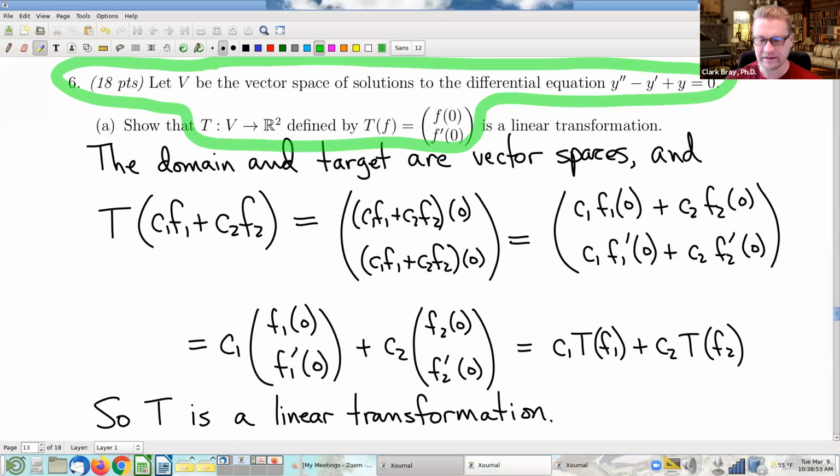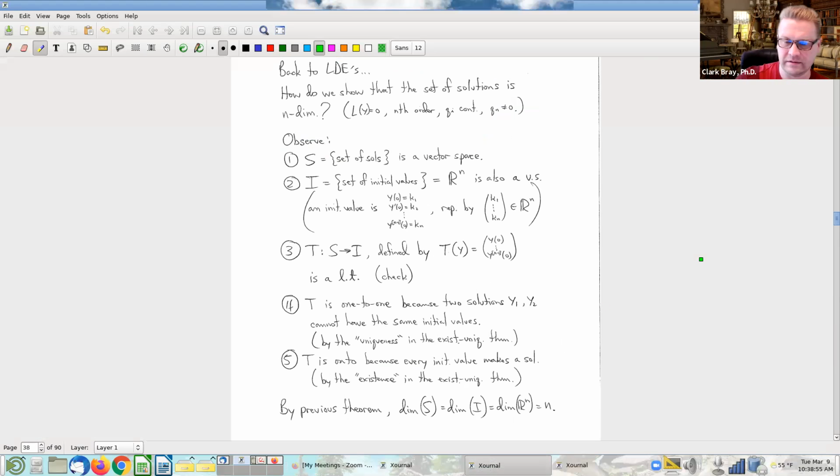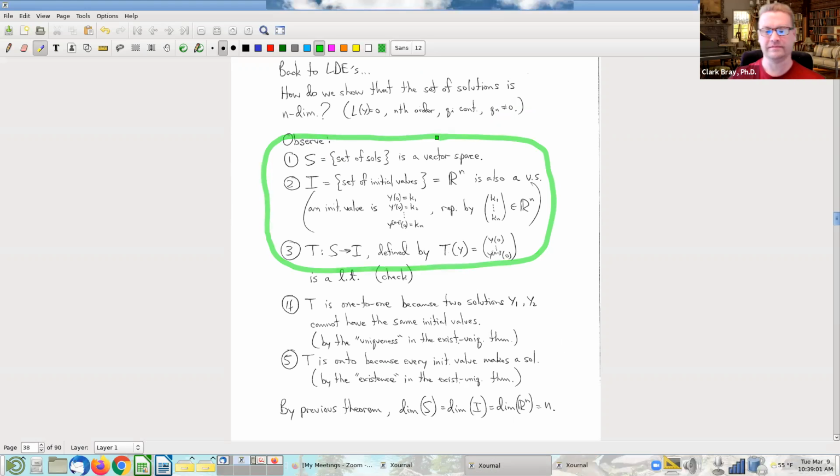Well, in the proof, that is all of this right here. We have a vector space of solutions, and then we have a linear transformation, given by this formula, into the vector space of initial values, which of course is Rn. So all this stuff is just in the setup of the question, and it's the setup to this proof as well.